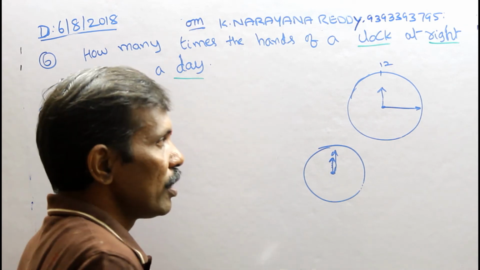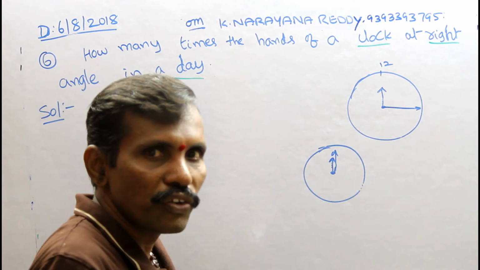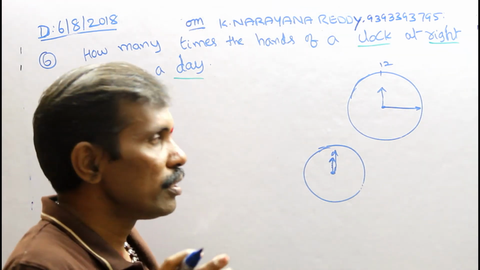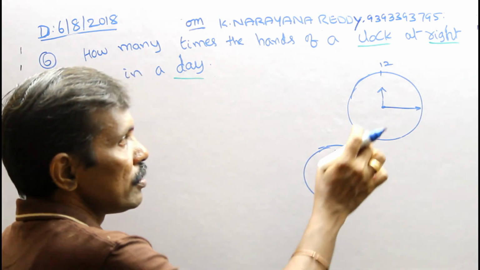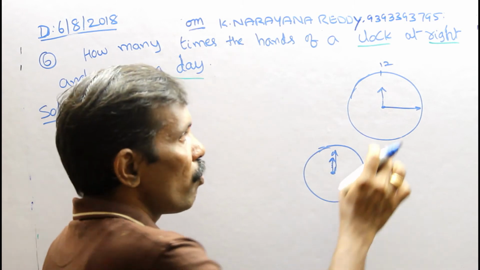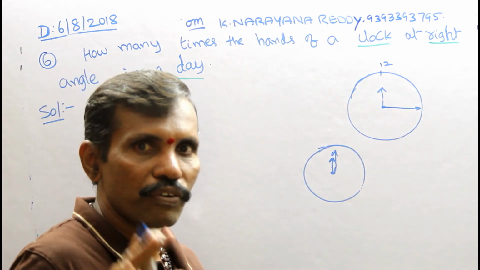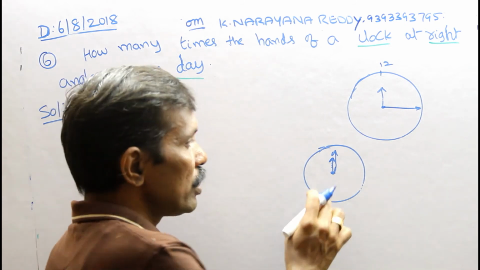So this one should be deleted from 24, because in 1 hour there are right angles at 2 times. One is this one, another one is this one. So in 12 hours there are totally 24 right angles. But we have to delete this one.